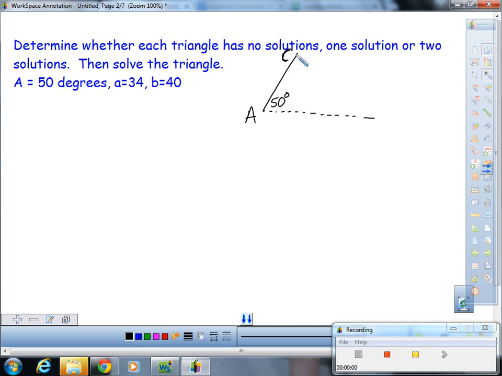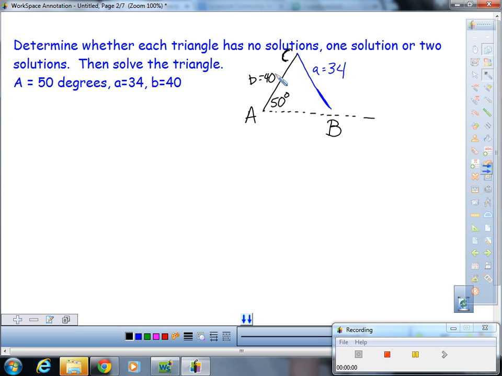We know that somewhere over here, we have no idea where it goes, we know that side A is 34 units. And then somewhere down here is B, and we know that side B is 40 units.